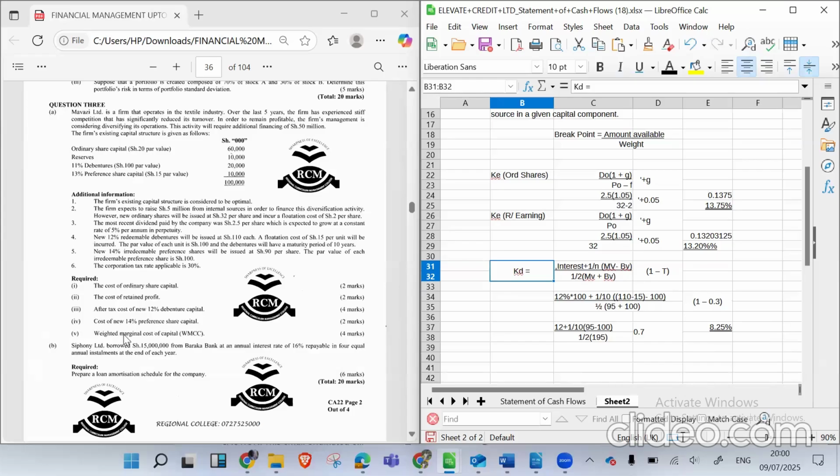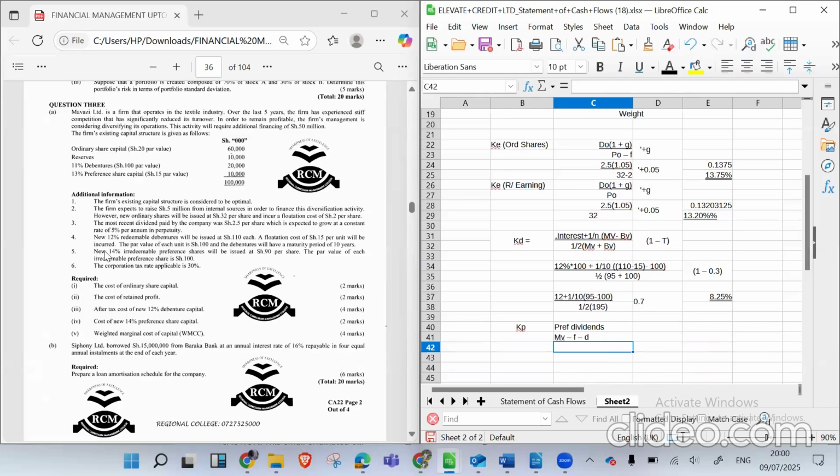Then they want us to get the cost of new 14% preference shares. So Kp equals preference dividends divided by what? Preference dividends divided by the market value. Does it have any flotation cost? It doesn't, but if it were like the debentures or ordinary shares, with a flotation cost or discount, we would reduce.